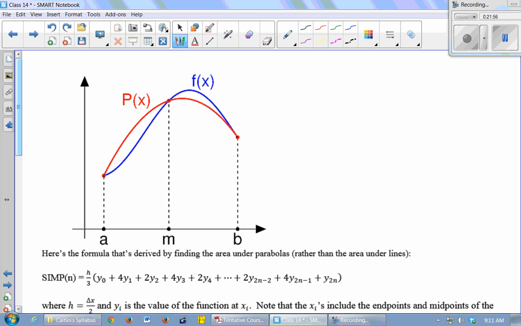So this is how Simpson set about trying to find the area under a curve. He would take each interval, break it into two, find the midpoint, so he'd have 3 points on the interval, fit a parabola, and find the area under that. And he would do that over every interval and then add them all up.